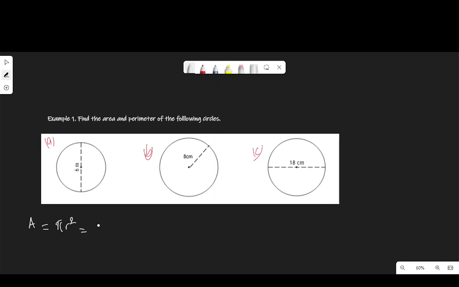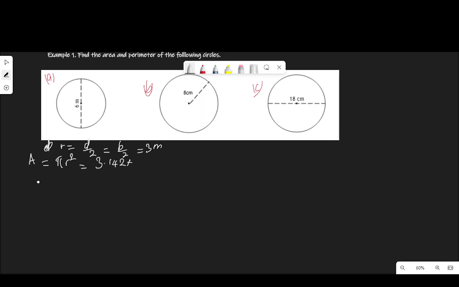Pi is a constant whose value is approximately 3.142. The radius of this circle is not given, but the diameter is given. And we know that radius is diameter divided by 2. So 6 divided by 2 there, that is 3 meters.